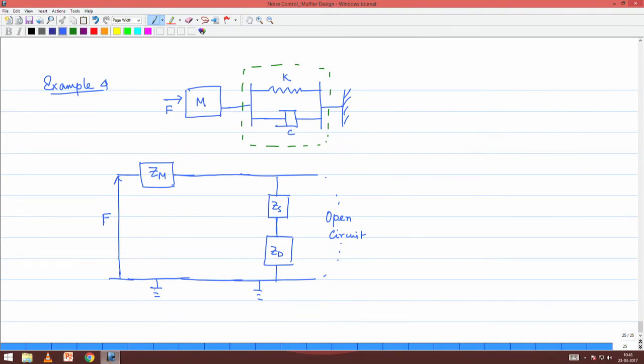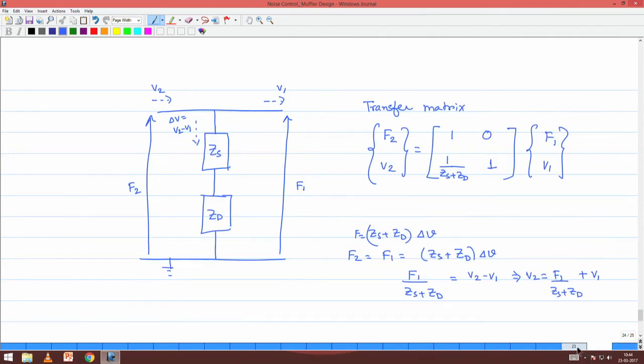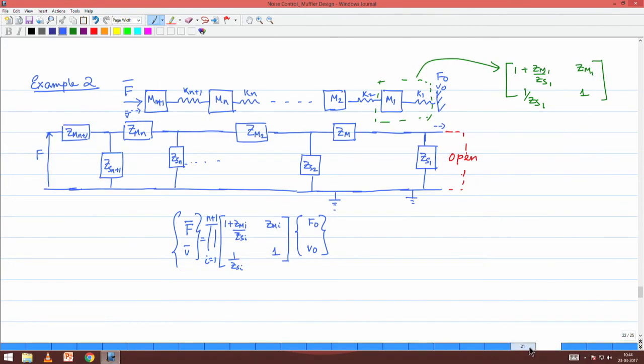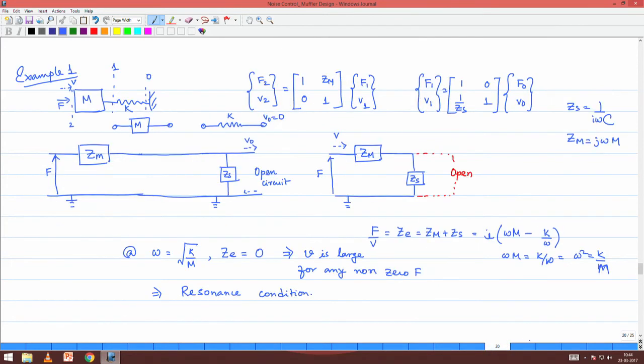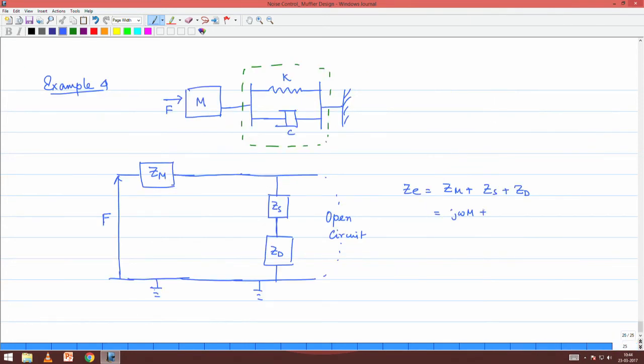So, now what you see here is that the effective impedance of this circuit ZE is going to be Zm plus Zs plus Zd. What is Zm? J omega m. What is Zs? Zs we have evaluated as K by j omega. So, this was k by j omega and Zd was r, right.